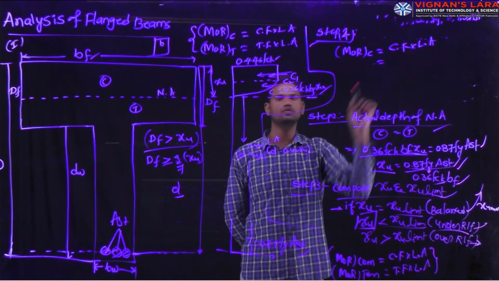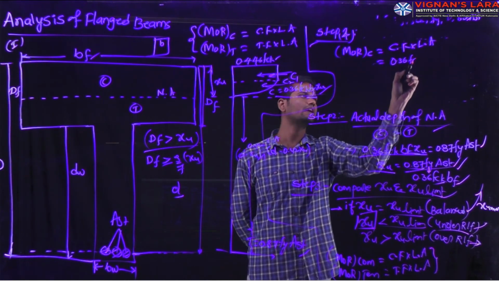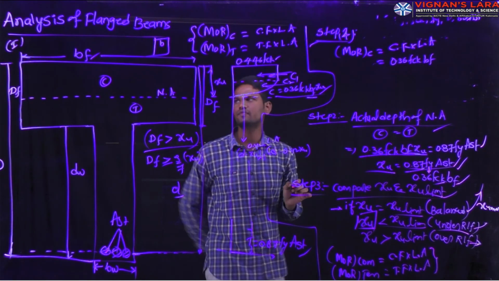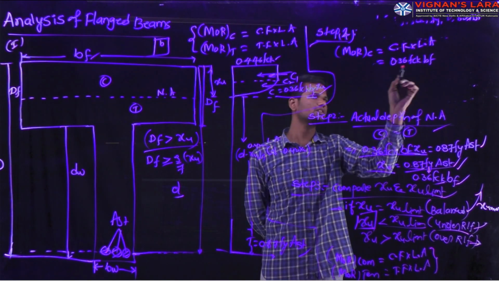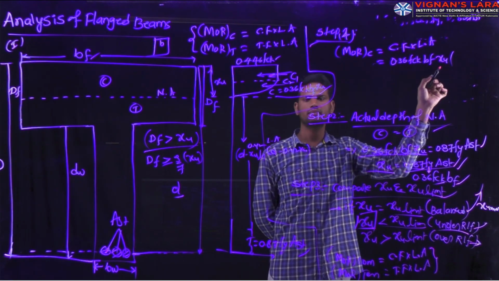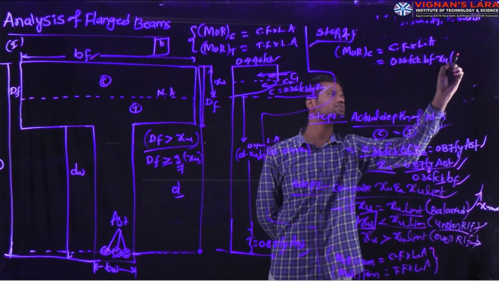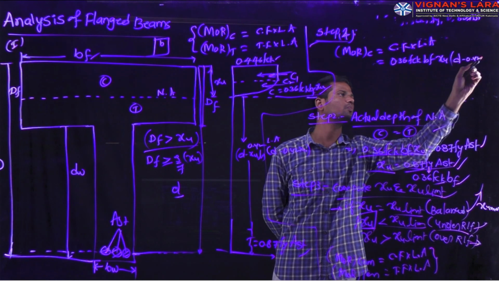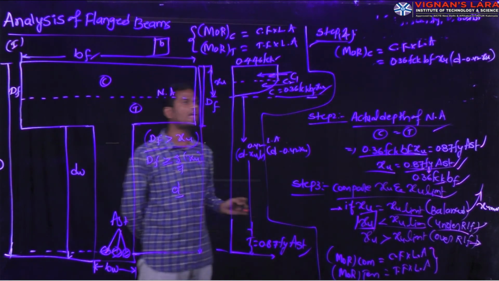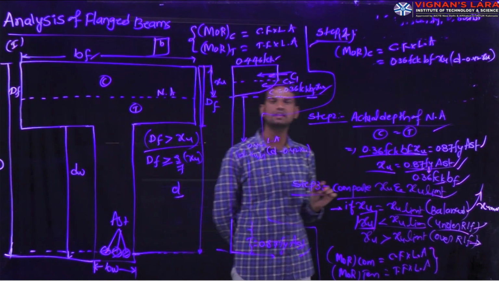The compressive force is 0.36 into fck into Bf, where Bf is the width of the flange, into XU. Next we have the lever arm distance, which is nothing but d minus 0.42 into XU. This is the calculation procedure for the moment of resistance for the compression zone.